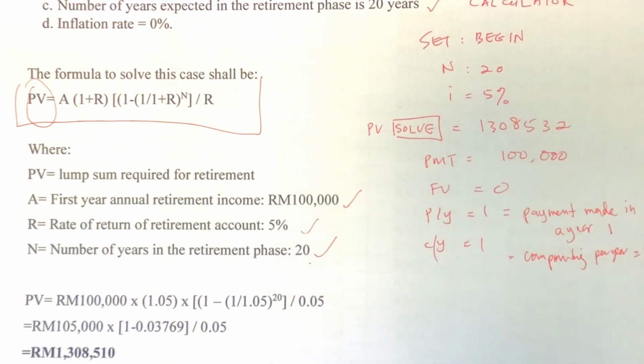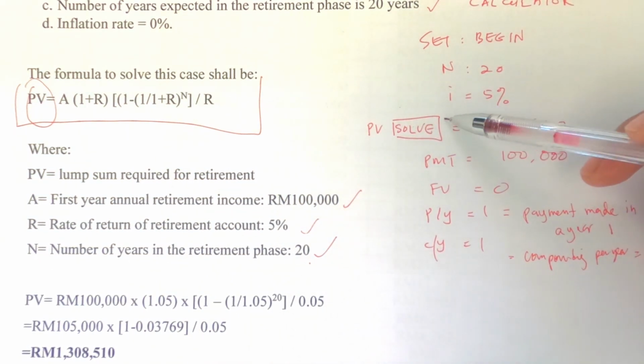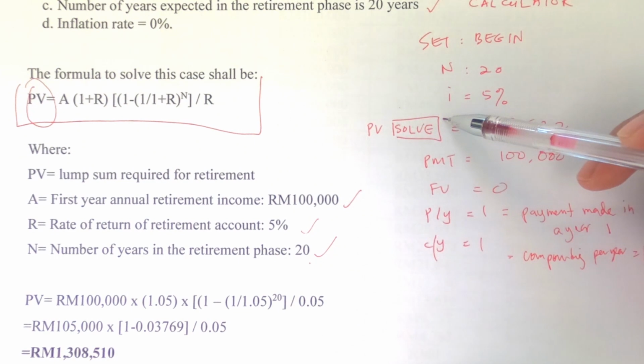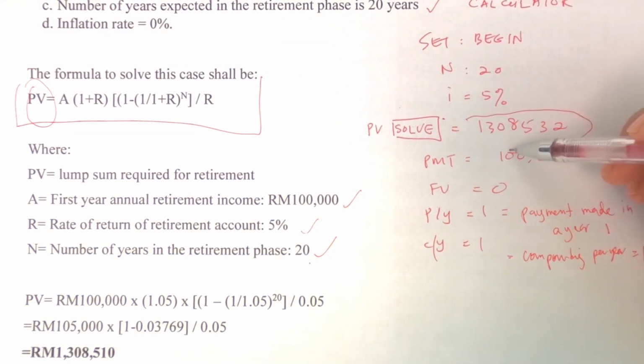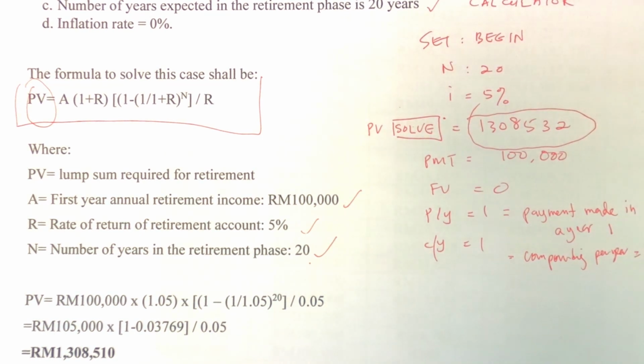Once you solve for PV, you get this figure, which is quite close to the one in this answer.